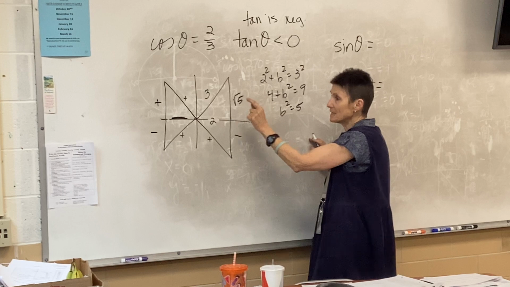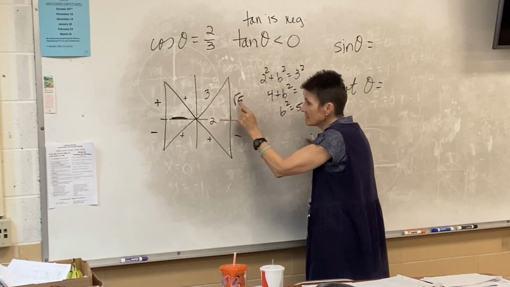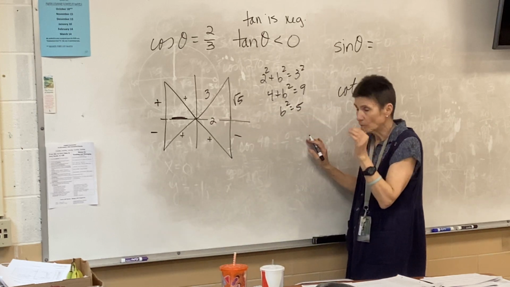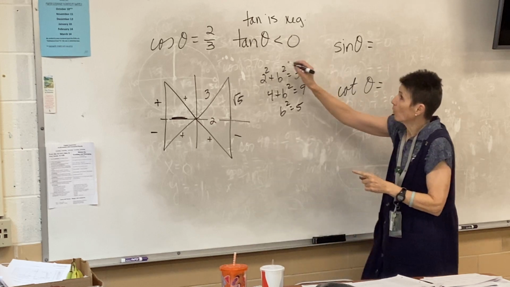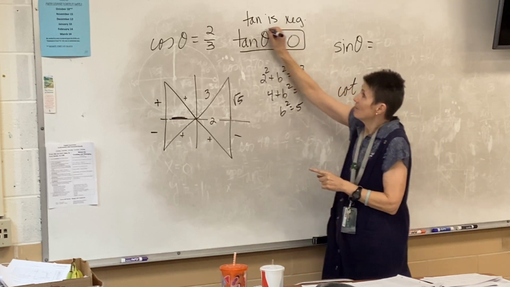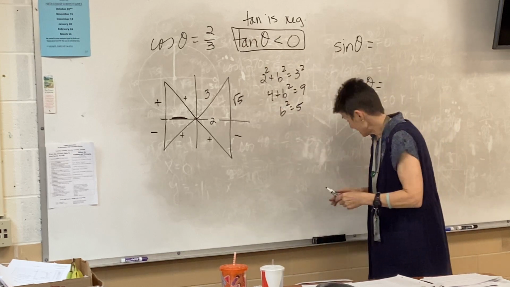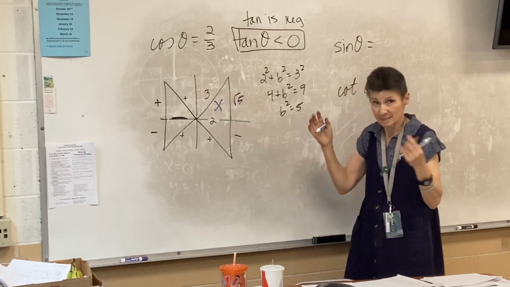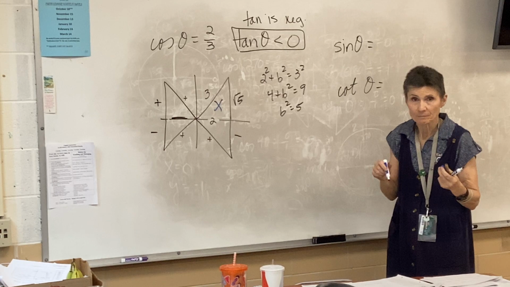If you found the tangent of this angle, it would be opposite over adjacent, which is root 5 over 2, which is positive. And according to the problem, the tangent has to be negative. So this is not the right place.